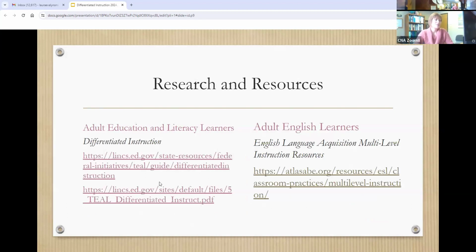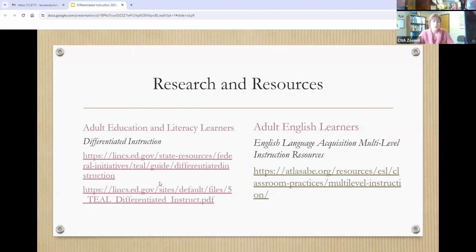You will have received an email with these links to research and resources, both for adult education and literacy learners, as well as English learners. There are 2 that we could find that I sent to you on differentiated instruction, and one is a fact sheet that AIR developed as the TEAL project, the Teaching Excellence in Adult Education project, and they have a series of fact sheets, one devoted to differentiated instruction.